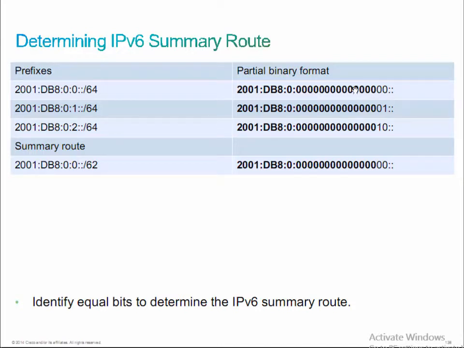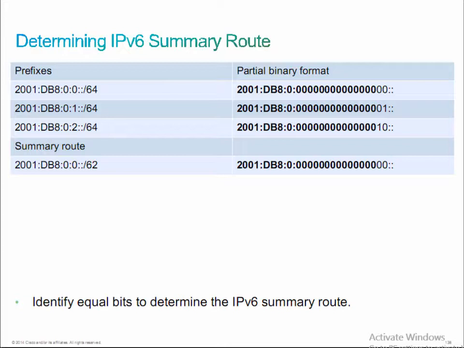But they're doing that because they're trying to compare the bit patterns between each of those addresses. And that becomes my summary route, right? 62 common bits between each of those networks. The value of the bits in bold becomes my summary address, and then we just count the number of common bits, and that becomes my summary mask.